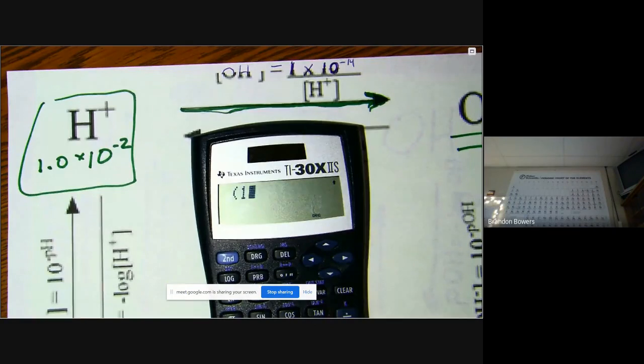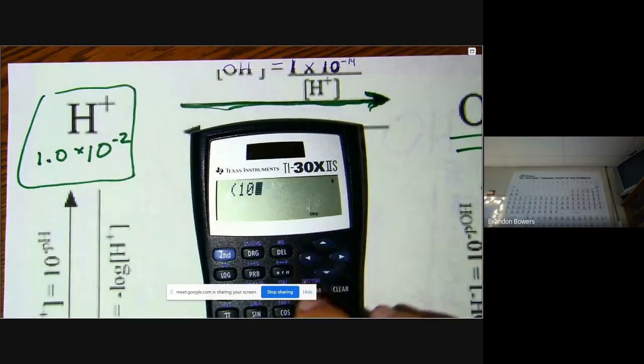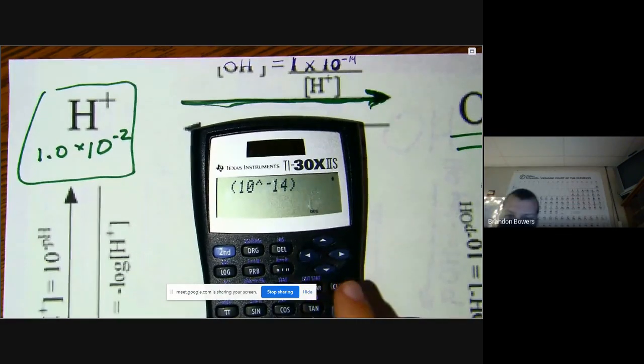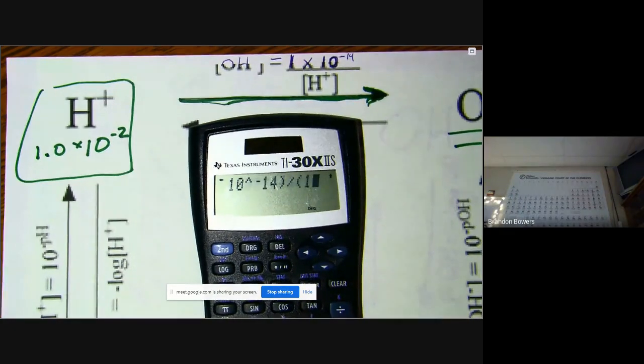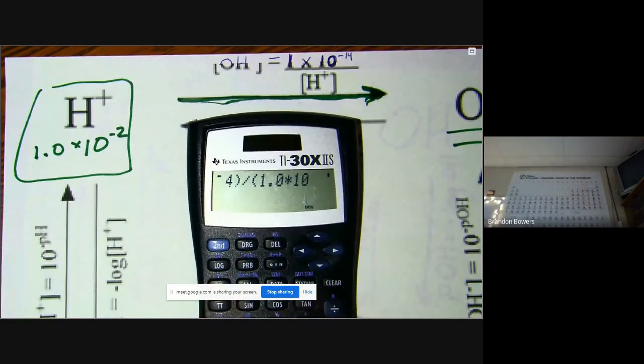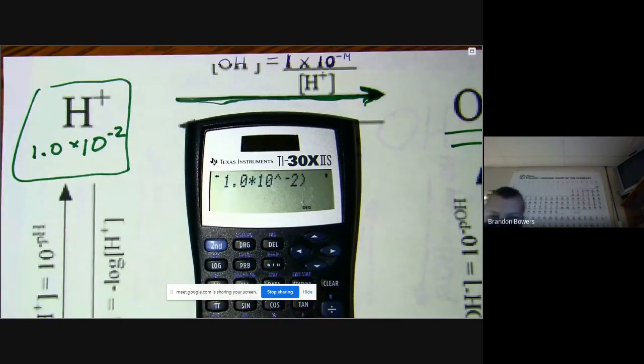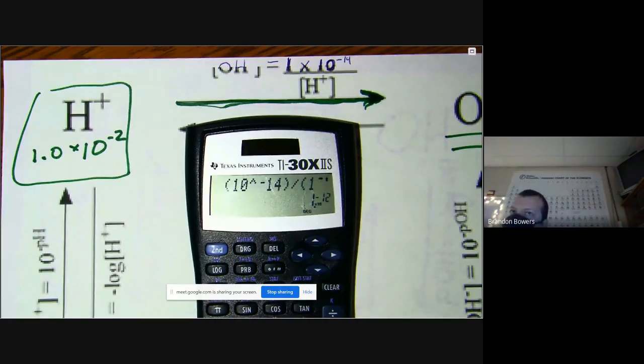So I got 10 to the negative 14th divided by, parentheses, 1.0 times 10 to the negative second exponent. I got the same answer I got before. I did add parentheses. But if you don't have parentheses, you just. Oh, gotcha. Parentheses definitely help. Are you guys getting what I'm getting?